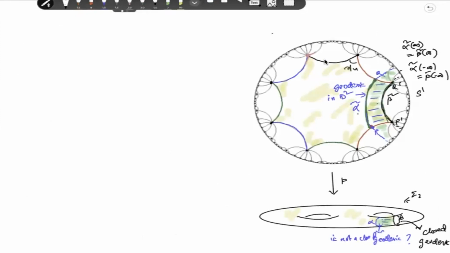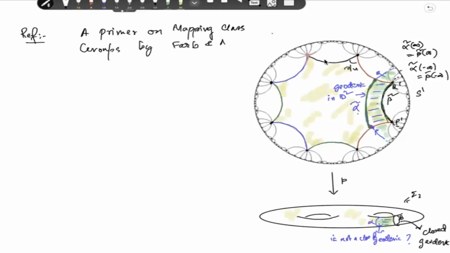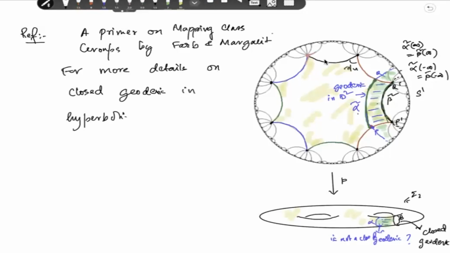So I'll refer again to the book A Primer on Mapping Class Groups by Farb and Margalit for more details on closed geodesics in hyperbolic surfaces. Okay, I'll stop here.